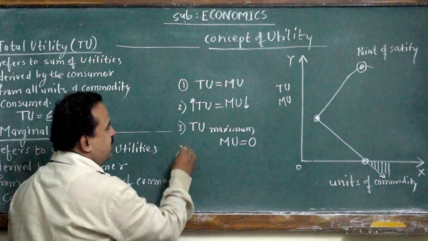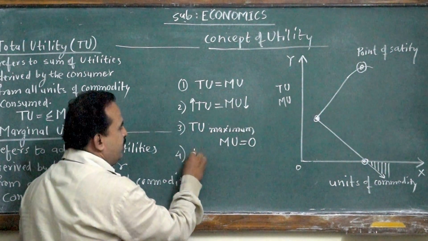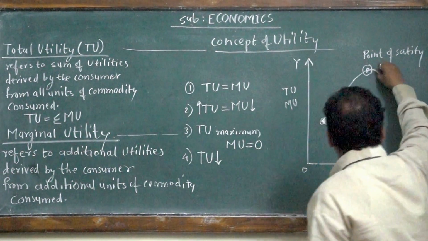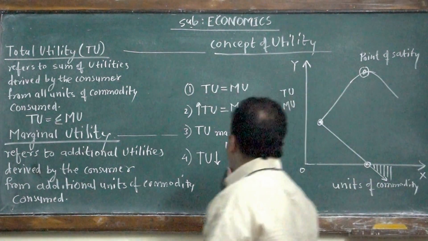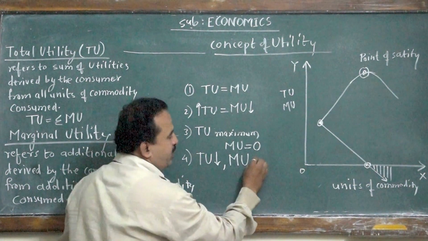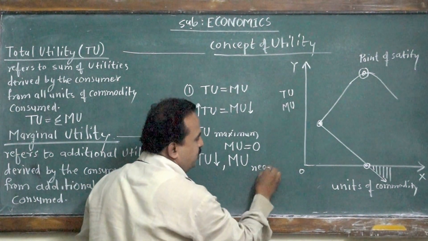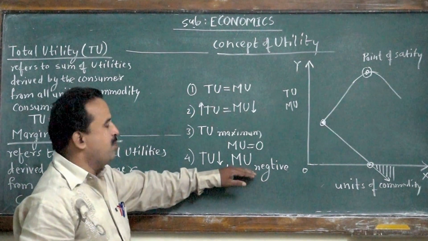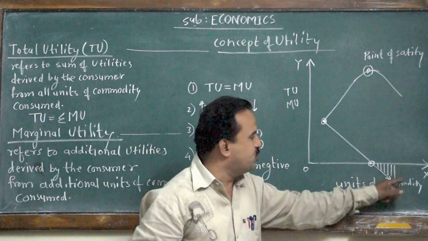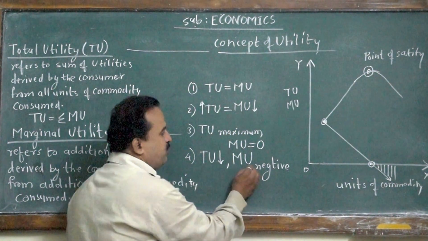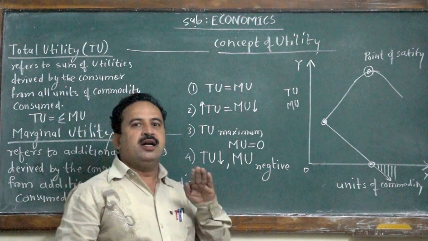So in the fourth stage, total utility decreases and marginal utility becomes negative. This portion shows the negative marginal utility, and this negative marginal utility is known as disutility.